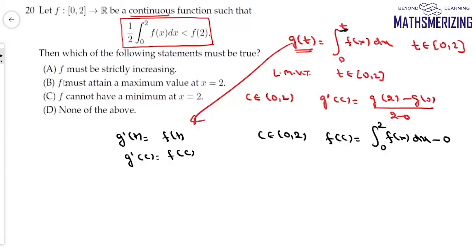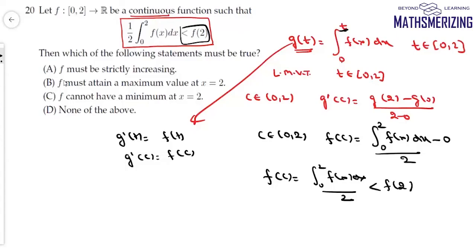Integral from 0 to 0 is 0. So I can write f c is equal to the integral 0 to 2 f x dx upon 2, and it is given that this is less than f 2. So that means there exists a point c in this interval 0, 2 such that the value at this point c is less than the value at 2. So that means f cannot have a minimum at x equal to 2, and that's your option number C.